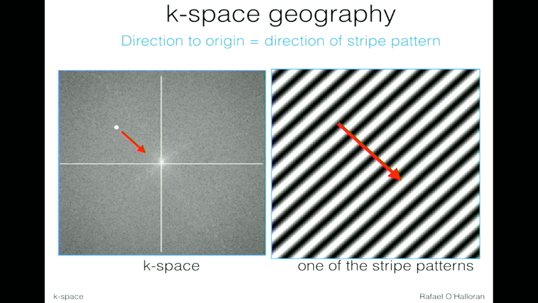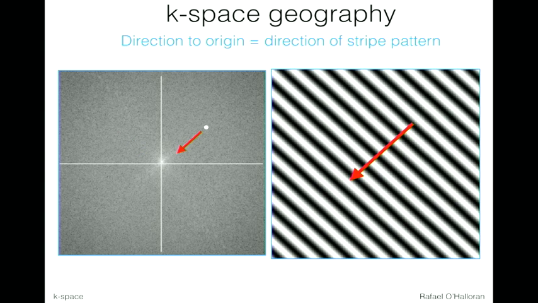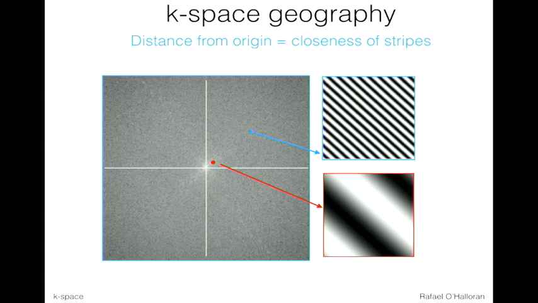So as I mentioned before, the location in K-space tells you something about the stripe pattern. And the direction of that K-space pixel with respect to the origin will tell you the direction of the stripe pattern. So the pixel I highlighted with this little circle, if you draw a line to the origin, that's the direction of the stripe pattern. And if I change where that is to the other quadrant, you see the stripe pattern changes, so this is the way that we encode the direction. And to encode the width, it's just the distance to the origin.